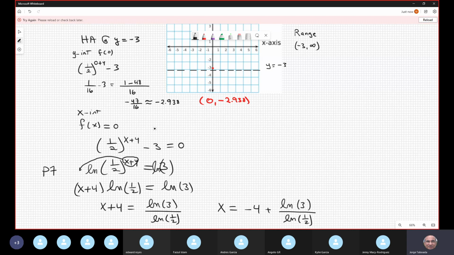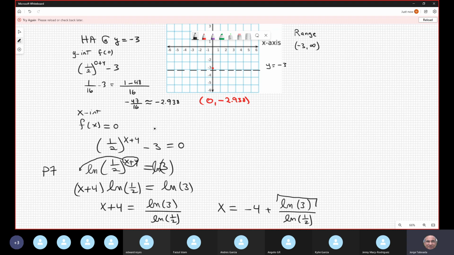Let me see if I did well. I put it in a calculator. Negative 4 plus... that part I predict is negative, because the logarithm of 3 is positive, but the logarithm of 1/2 is negative.